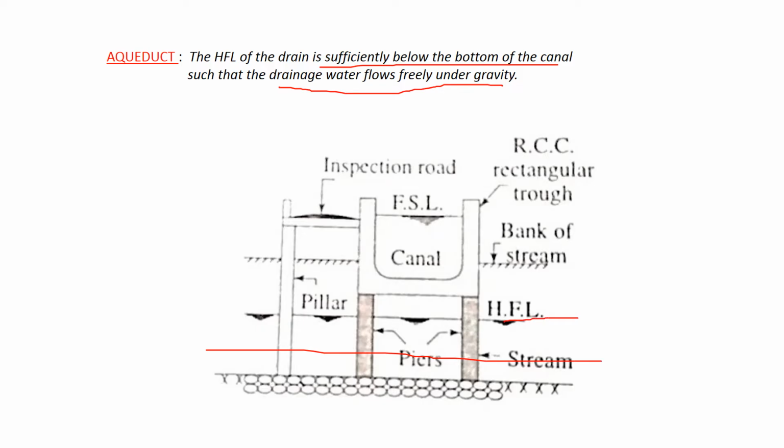This is the canal, and the full supply of the canal is this. So as per the definition of an aqueduct, there will be a vertical clearance between the high flood level of the stream and the base level of the canal.